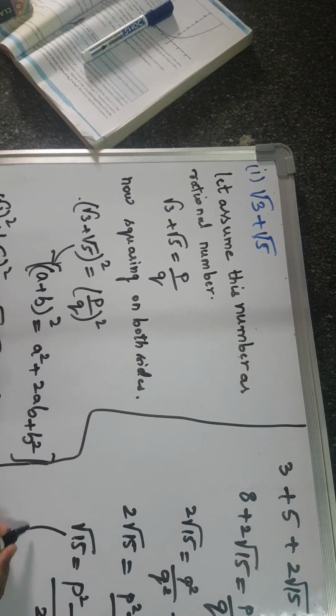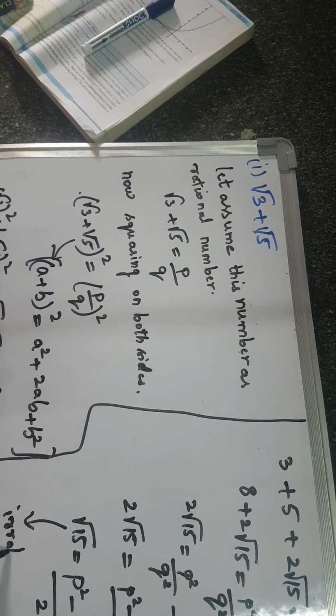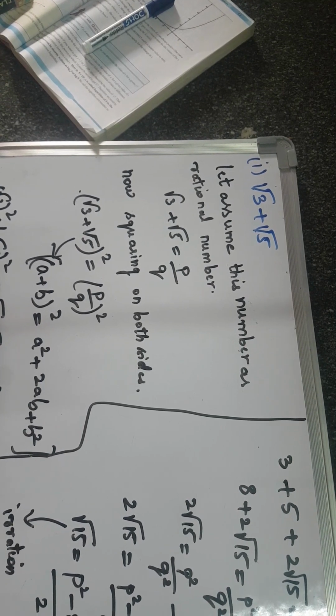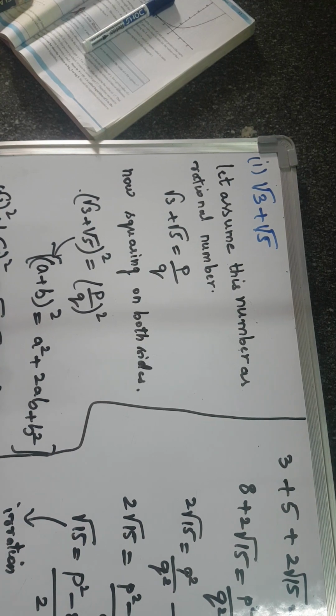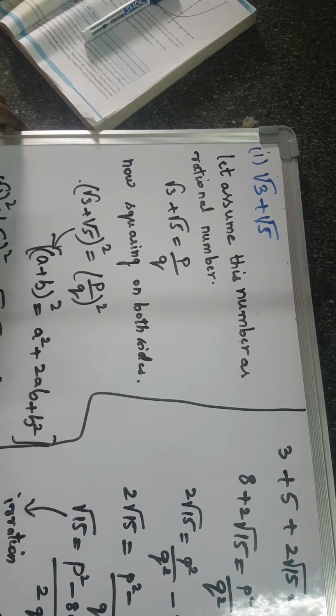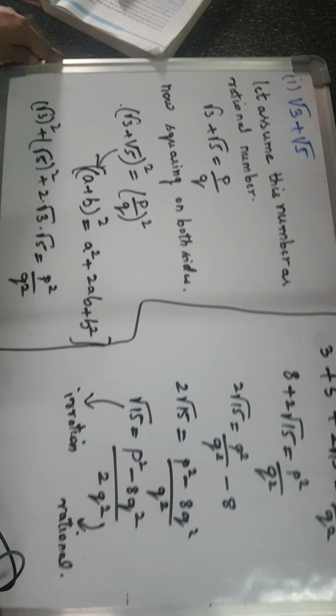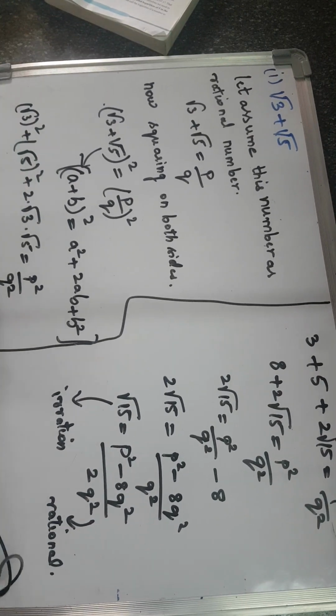Okay, this is an irrational number, but when you write this, it becomes a rational number. So this is the contradiction which has arisen. This is an irrational number, this is becoming a rational number.